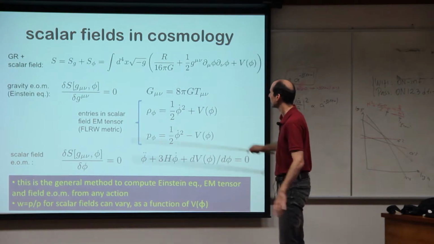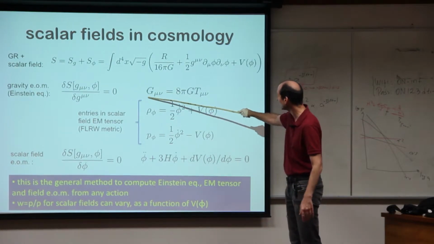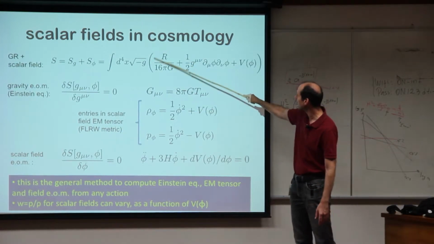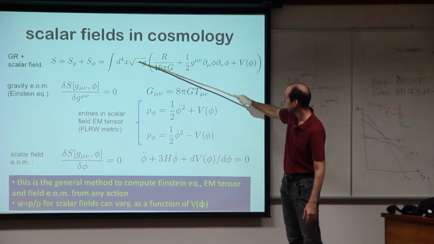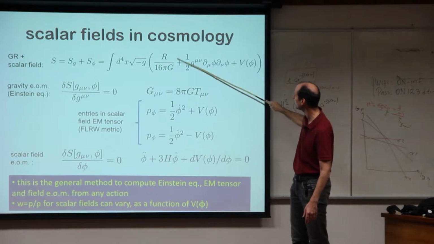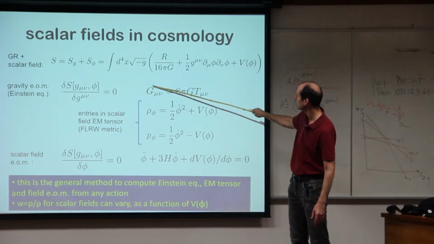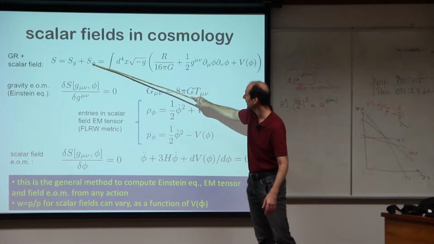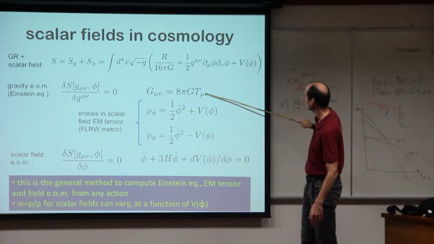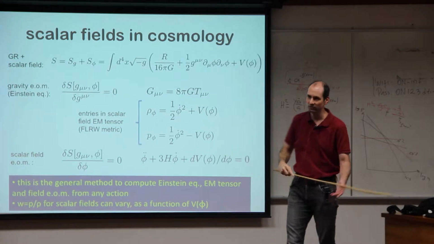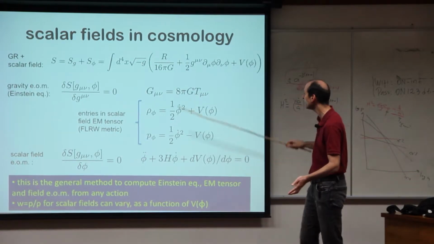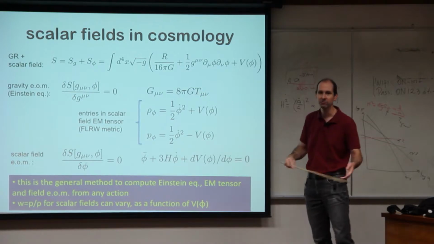And so if you calculate this variation, you find exactly the Einstein equation, where, well, you have to be careful, you have to keep this in, so the variation of this term gives you the Einstein tensor, and the variation of the field then has to give you the energy momentum tensor. And so you can actually use this to define your energy momentum tensor.